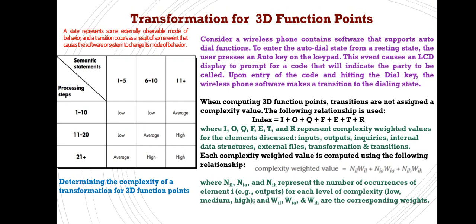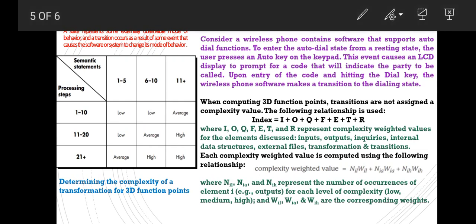The semantic statements are taken in the intervals 1 to 5, 6 to 10, 11 plus. In a similar way, processing steps are considered as 1 to 10, 11 to 20, 21 plus, and both values are represented depending upon the estimated ranges.